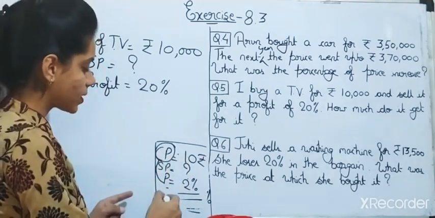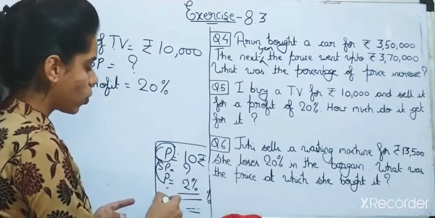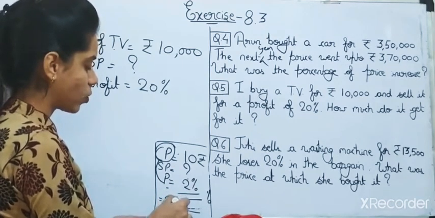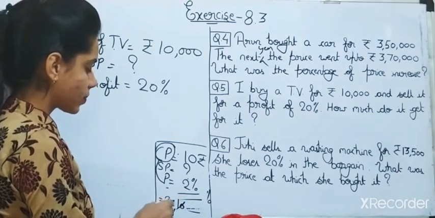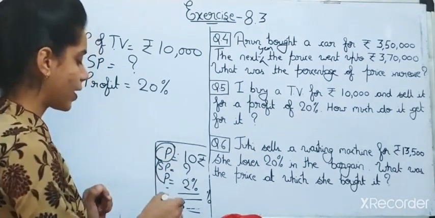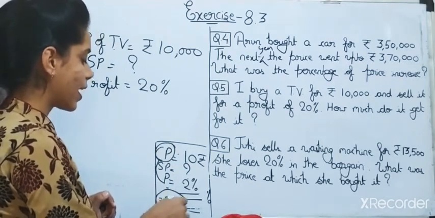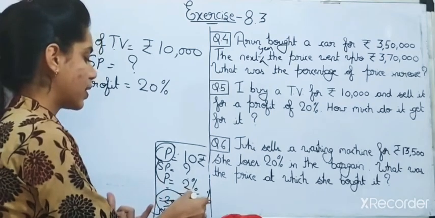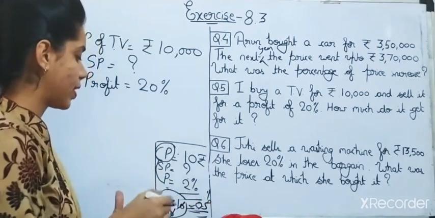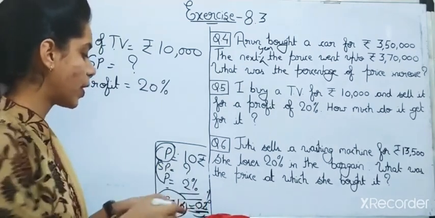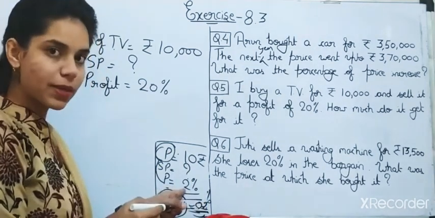So profit will be what? 2% of 10, 2 by 100 of 10. In this way we can find out the profit, which will be 0.2 rupees, because profit percent is given.